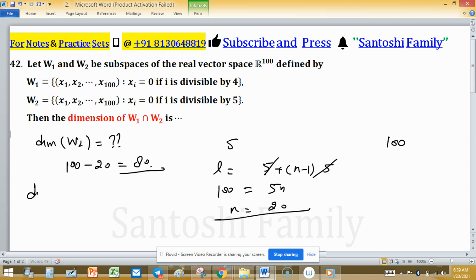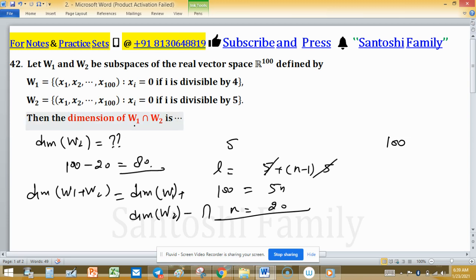You can find the dimension of W1 plus W2 and apply the formula: dimension of W1 plus W2 equals dimension of W1 plus dimension of W2 minus dimension of the intersection. Or the easiest way to find the dimension of the intersection: you can take an element in the intersection.